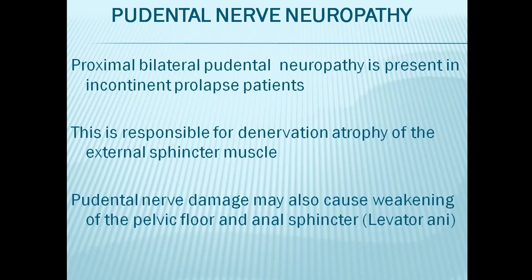This is responsible for the denervation atrophy of the external sphincter muscle, which has a very important role in the continence. So pudendal nerve damage may also cause weakening of the pelvic floor and the anal sphincter.